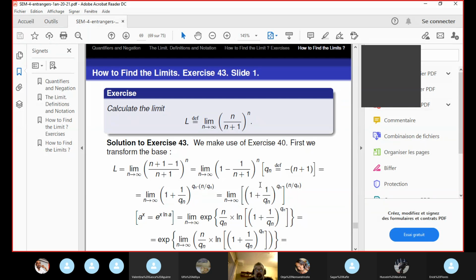And I rewrite the expression in the square brackets to the power n over q sub n. I hope you know also that a to the power x is the exponential function of x log a. You know this formula.